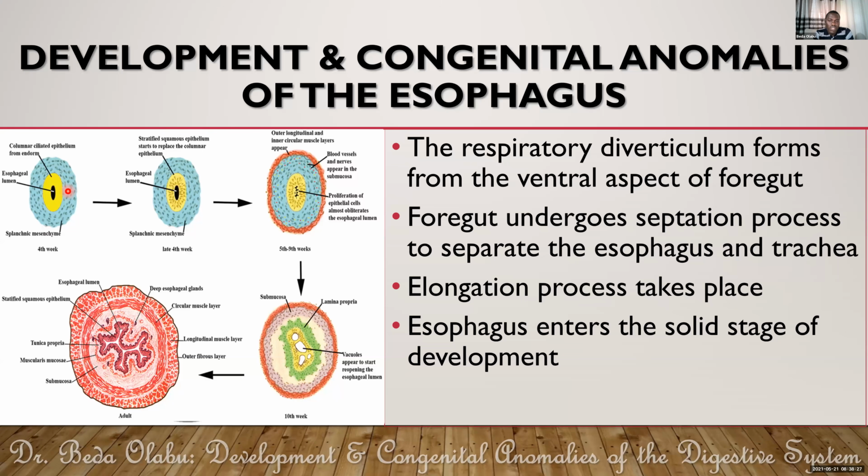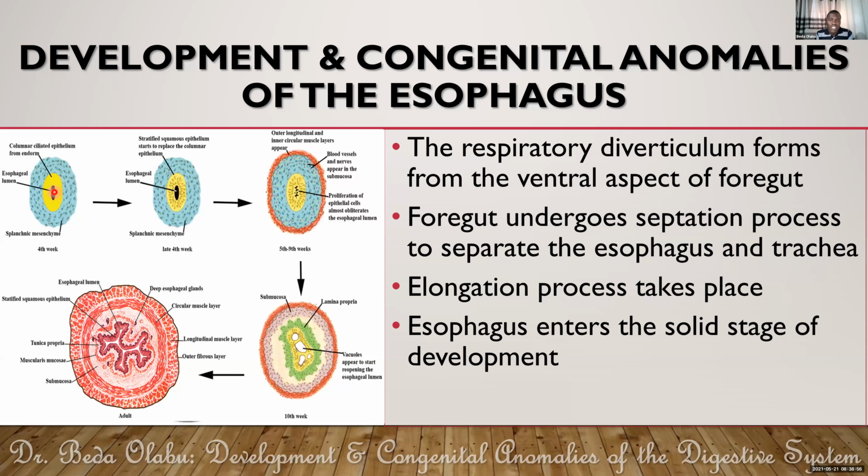Endoderm grows faster compared to splanchnic mesoderm. Remember, endoderm is epithelial, so the epithelium proliferates a bit faster compared to the mesoderm. What's the effect? Because of faster proliferation of endoderm, the lumen of the esophagus obliterates.